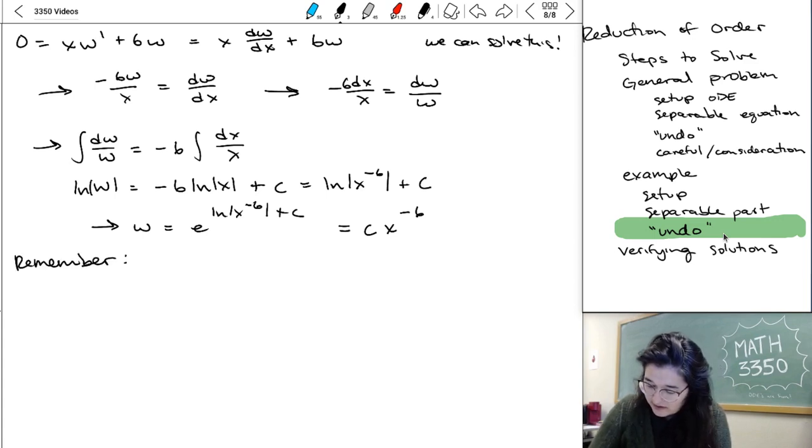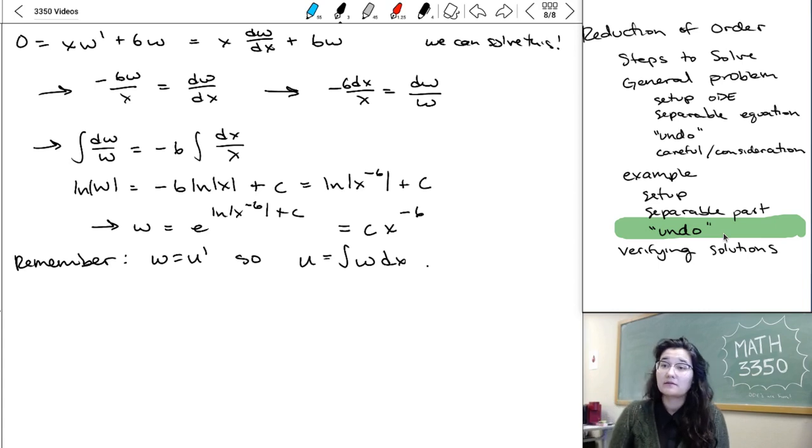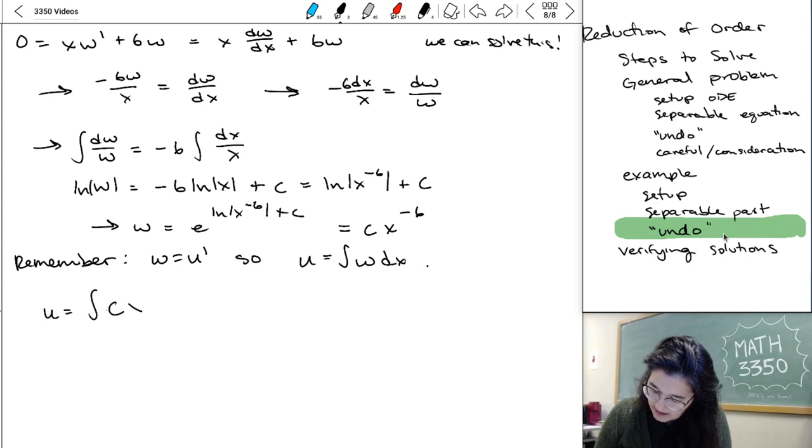So we're going to remember that we introduced w as u prime, so u is the integral of w with respect to x. That means that u is the integral of c x to the minus 6 dx.